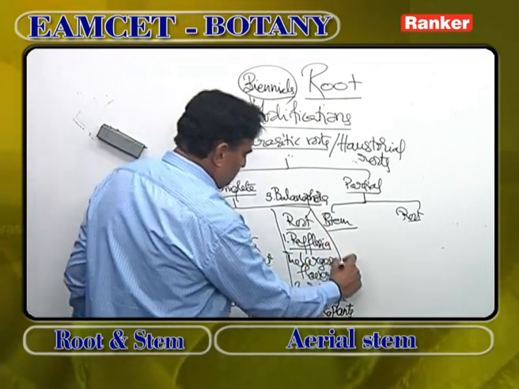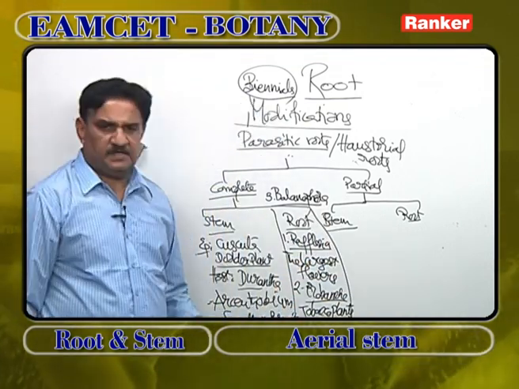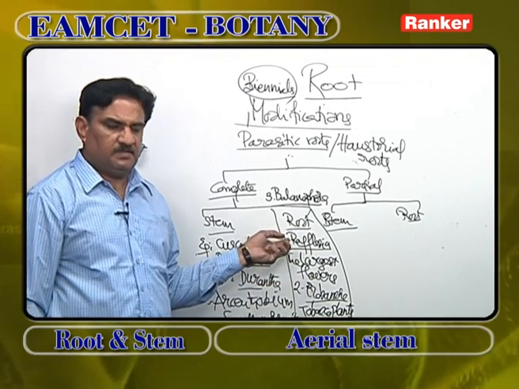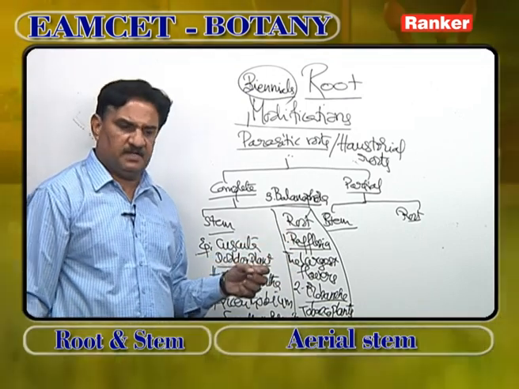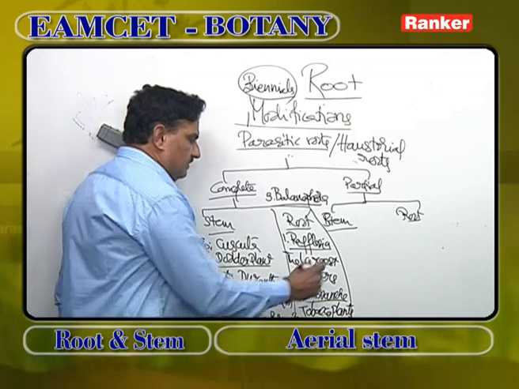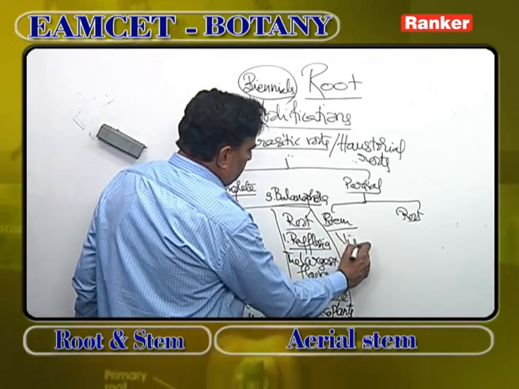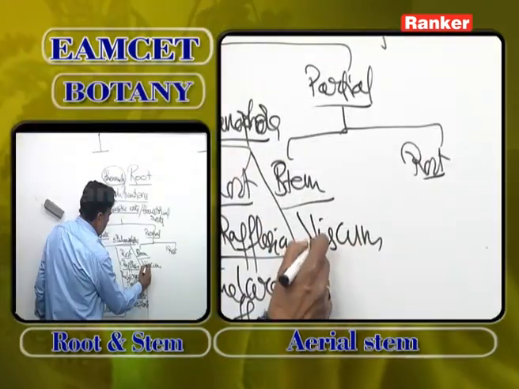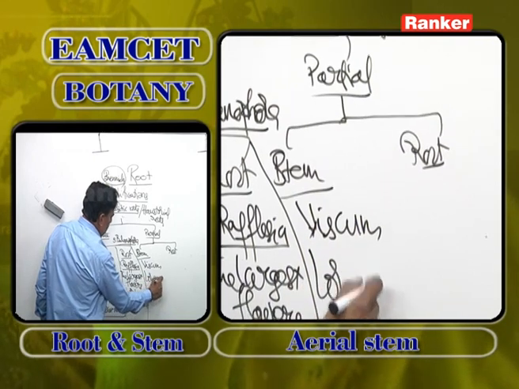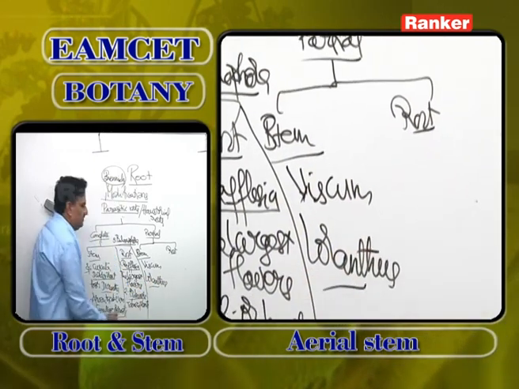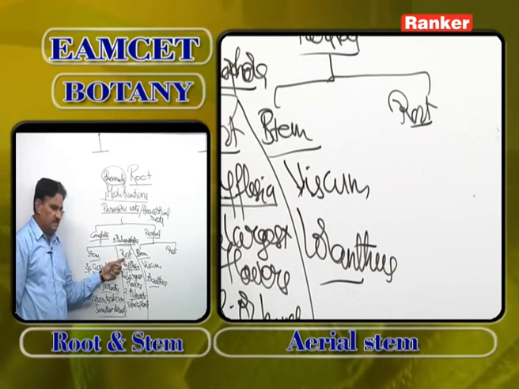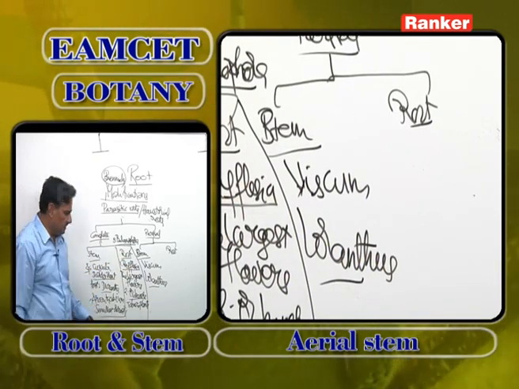Then coming to partial parasites, you all know partial parasites depend on the host only for water and minerals. They can synthesize their own food matter. The partial stem parasites, the best examples, are Viscum and Loranthus.